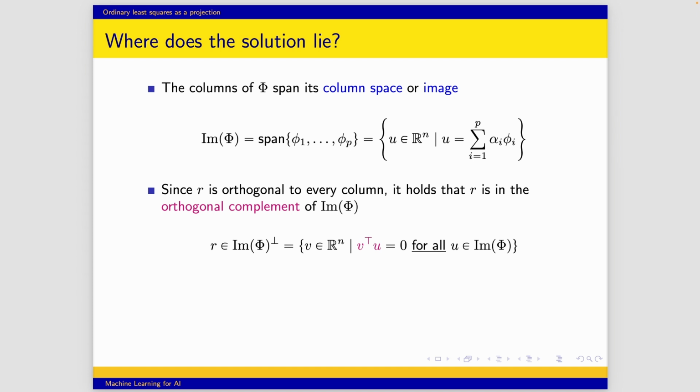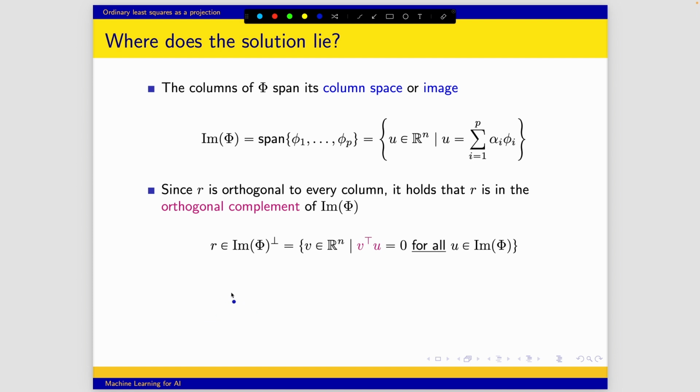So why then is R in this orthogonal complement of the image space? Well, let's think about it. What do we know? We know that R is orthogonal to every column vector. So it's orthogonal to all of these here. So let's take a general vector in the column space. What does it look like?